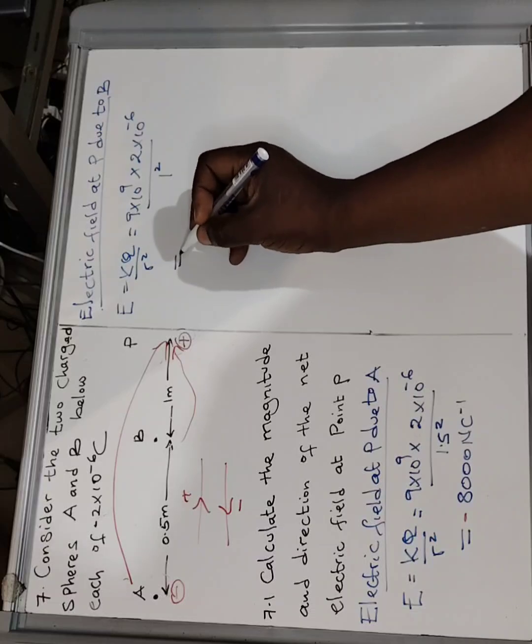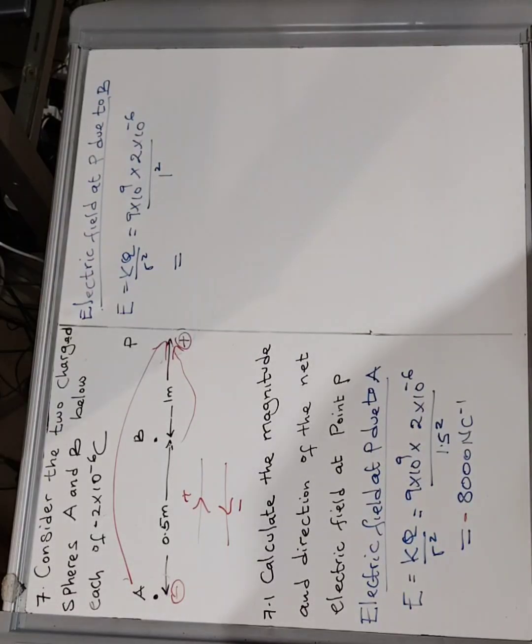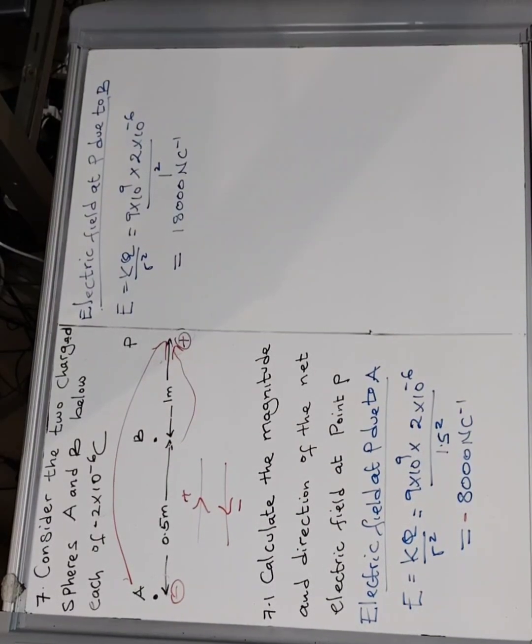What you get out of here will be the magnitude of that electric field. So yes, we get our answer as 18,000 newton per coulomb.